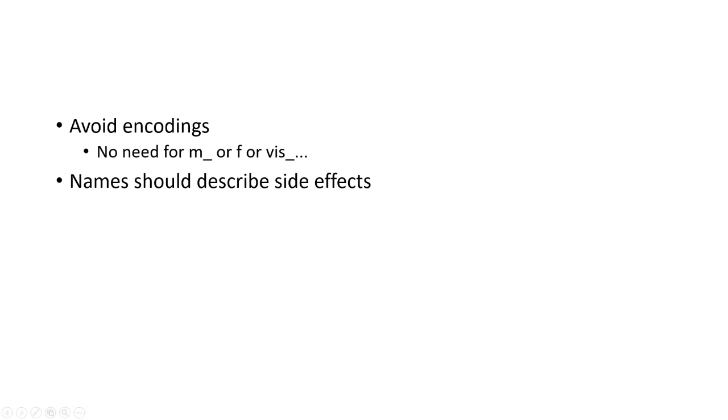Next up, names should describe the side effects. We talked about side effects being things that a function does that are outside of the scope of its normal responsibility. So names should describe everything that a function, variable, or class is or does. Don't hide the side effects with a name. Don't use a simple verb to describe a function that does more than just that simple action.